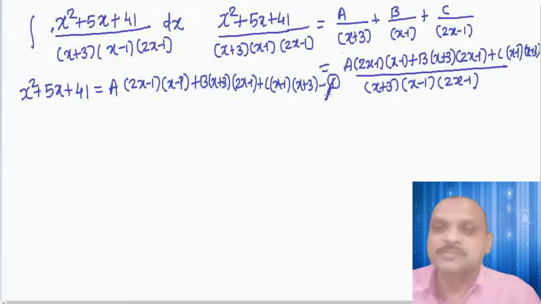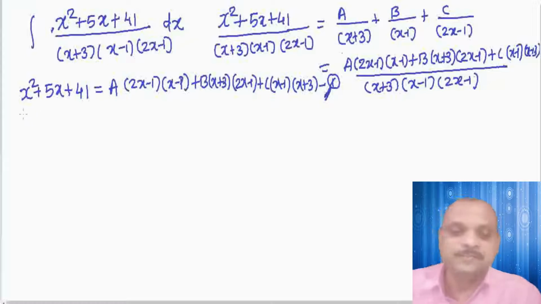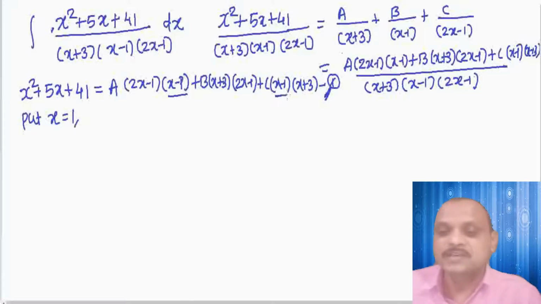From this equation 1, we have to find the values of the constants A, B and C. Put x equal to 1. If we put x equal to 1, in the first term we have the factor x minus 1, so 1 minus 1 will be 0. In the third term also x minus 1 is a factor, therefore 1 minus 1 will be 0.